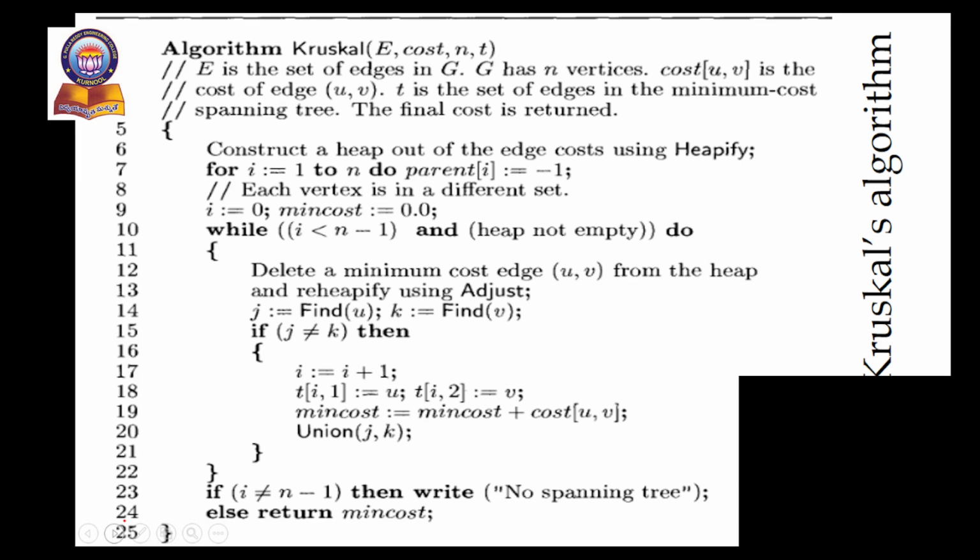There are certain steps associated to simplify the entire Kruskal's algorithm. We can explain. Basically, Prim's algorithm takes the time complexity of big O of n square, whereas Kruskal's algorithm takes big O of e log e time complexity.